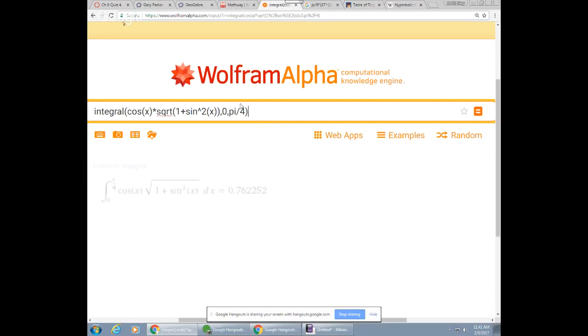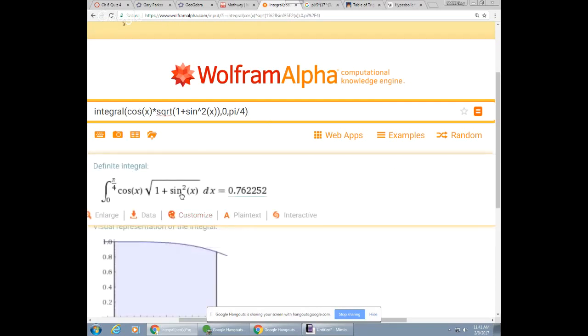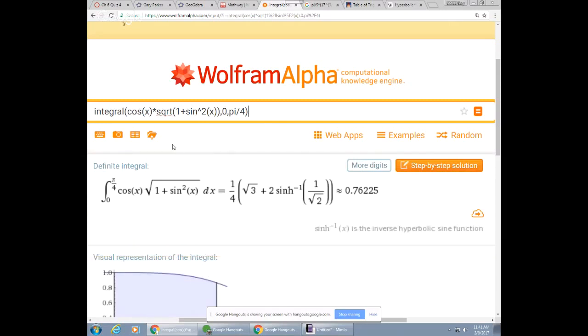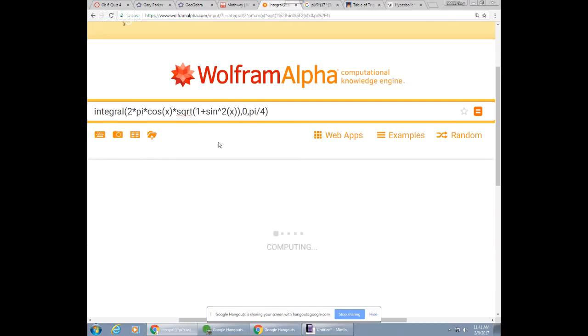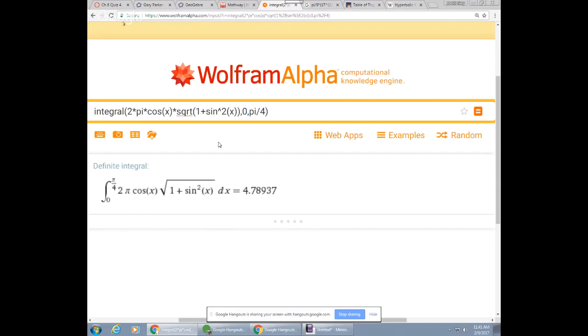And if you typed it right, Wolfram Alpha will try to do pretty print here. Oops, I'm missing some things. I'm missing my constants, right? What were my constants? 2 pi? All I had, right? And we better put a times so it doesn't get confused. Enter. And there's the 4.79-ish there.